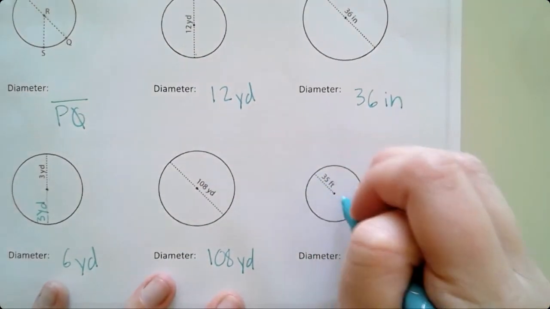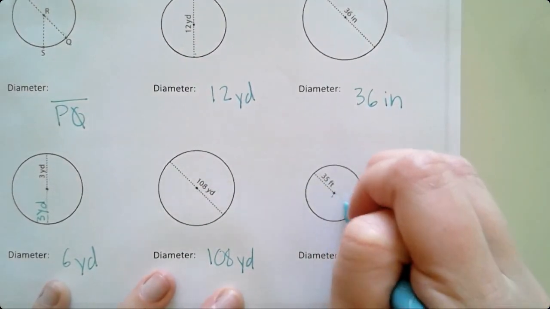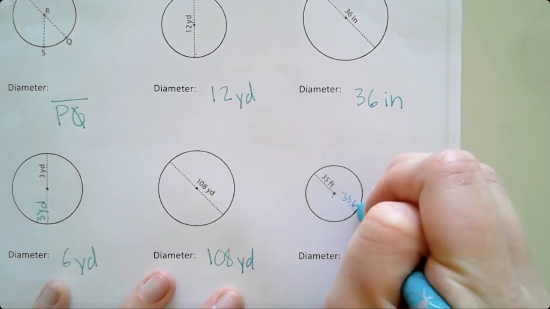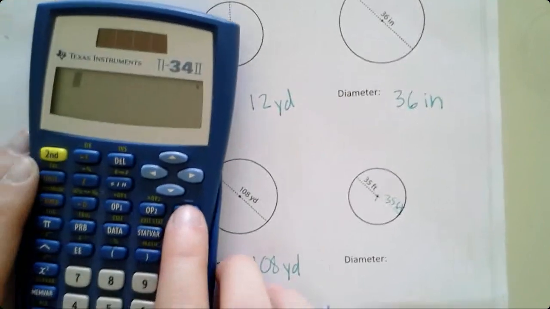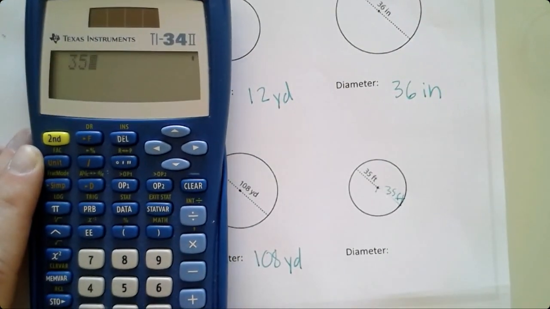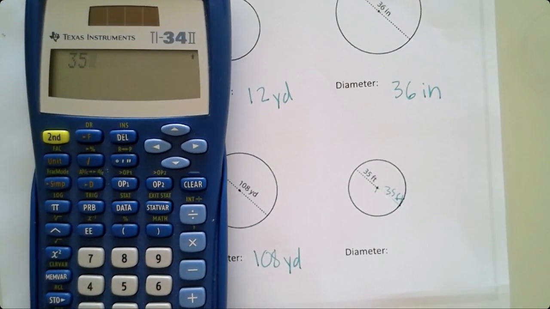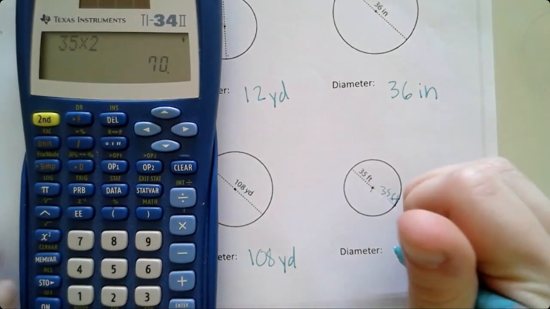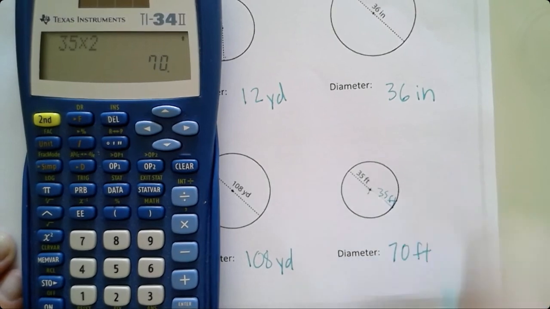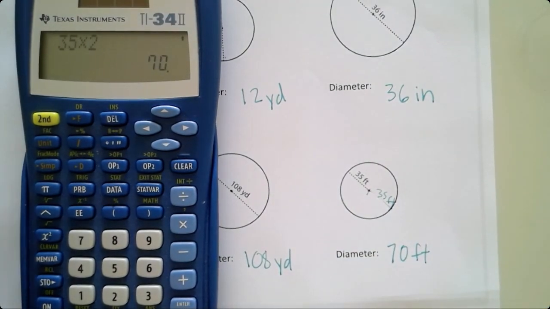So if this is 35 feet, then this must also be 35 feet. So we've got to figure out, okay, I don't want 35 feet for the radius. I want the whole diameter. So I can do 35 times 2 and get 70 feet for the diameter when I was given 35 feet for the radius.